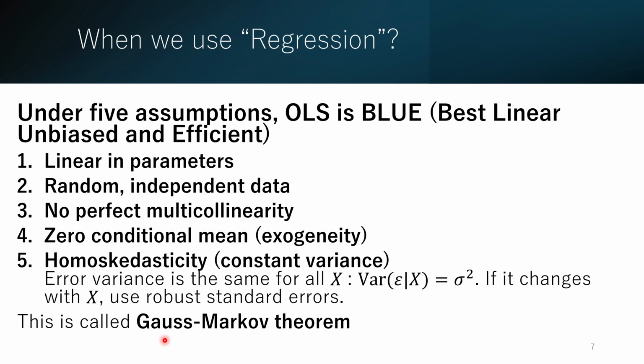This is called the Gauss-Markov theorem. The best linear unbiased estimator is BLUE.